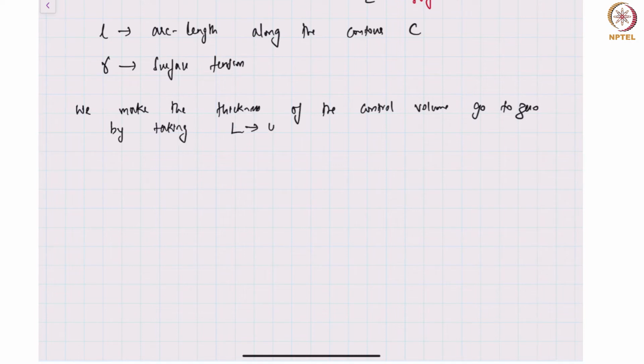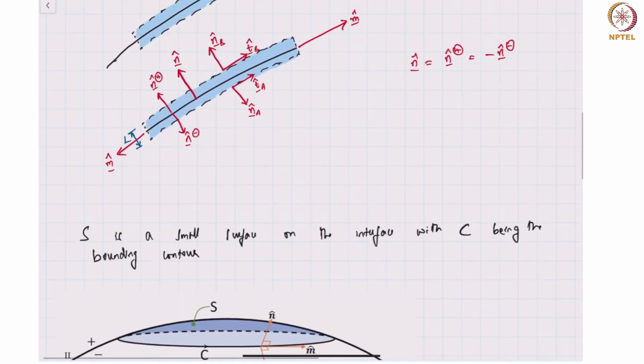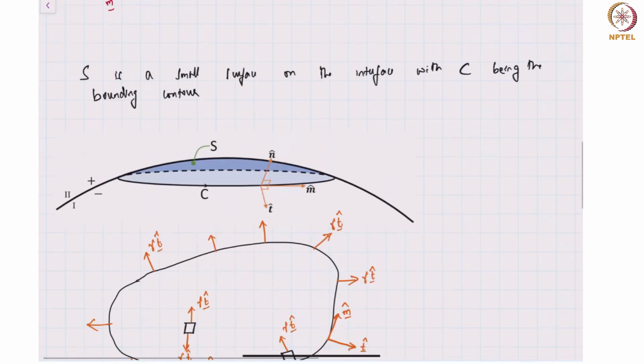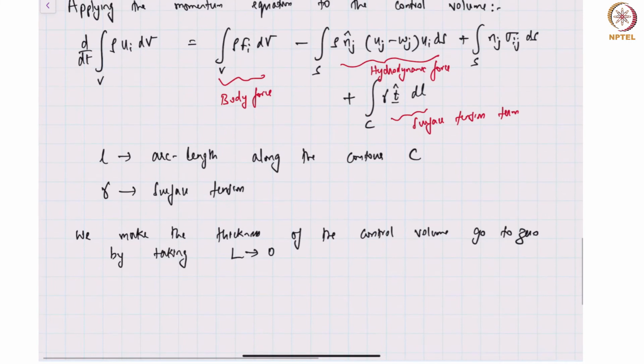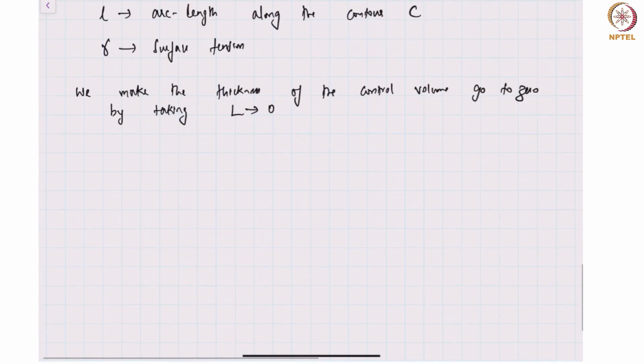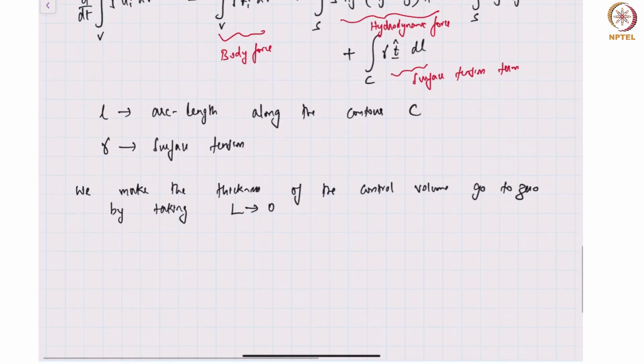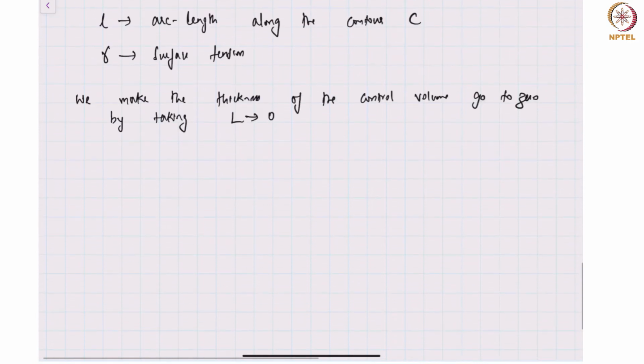We achieve this by taking the limit L goes to 0, where if you recall, L is the thickness of this contour volume, and therefore all the body force and volume derivative terms go to 0, and I'm left with only the surface forces and the line integral. Let's write down all the terms here very quickly.